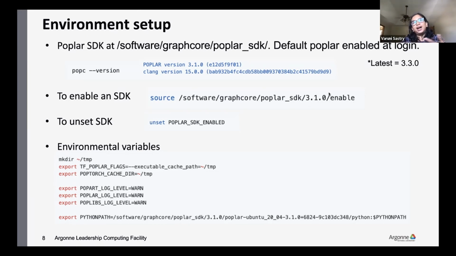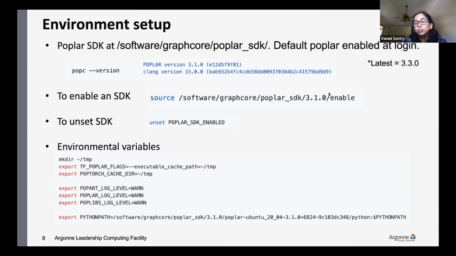In case some other Poplar SDK version is already set but you want to use another, first unset using the command unset POPLAR_SDK_ENABLED. That will flush out whatever settings were there from the previous SDK, and you can source the required SDK version. That is the way to enable Poplar on your system.